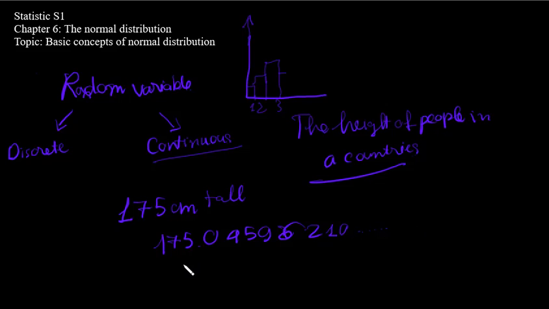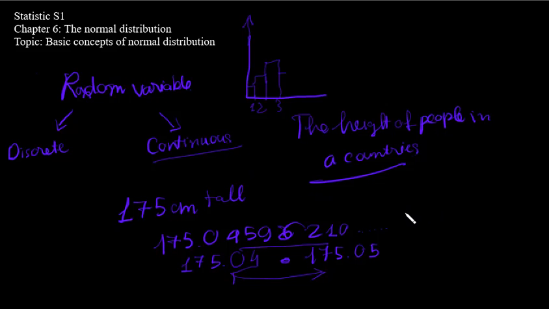We can only do our best to get a range, something like 175.4 to 175.5, in between some interval. We cannot take the exact value, so they are continuous. When we plot the continuous variable, we get our normal distribution.